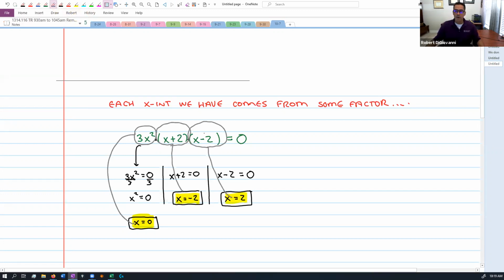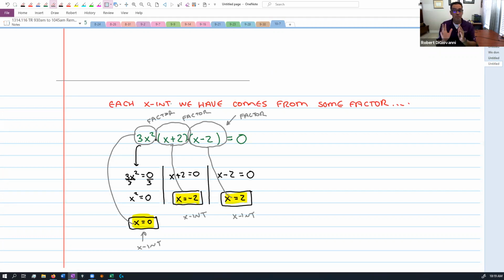Got it? So these are the x-intercepts, and these are the factors. Understand the difference between the two? Factor, factor, factor. Factor means when we broke it apart, each of those pieces was called a factor. We take each factor, set it equal to 0, we get an x-intercept.